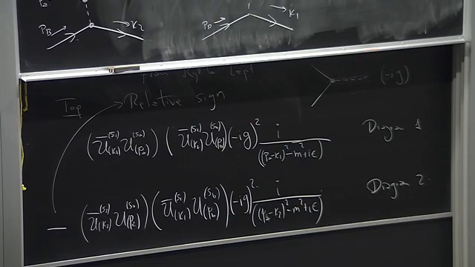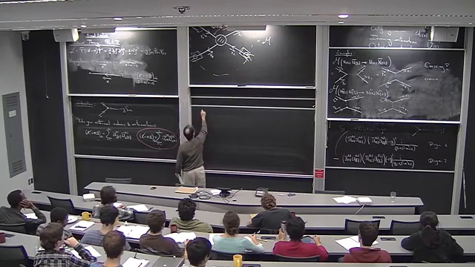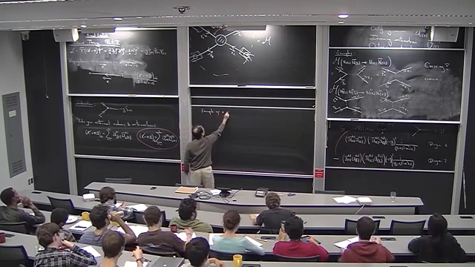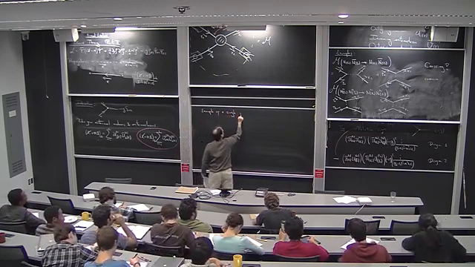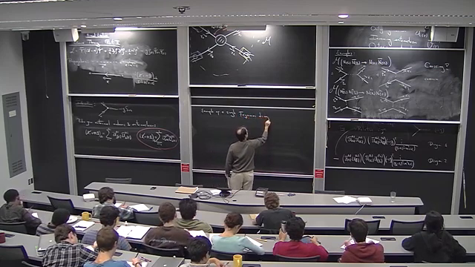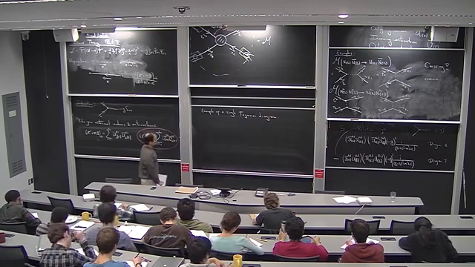So this is going to be an example of a Feynman diagram, not an example of an amplitude. So we're going to do an example now. And what is the Feynman diagram we're going to consider?